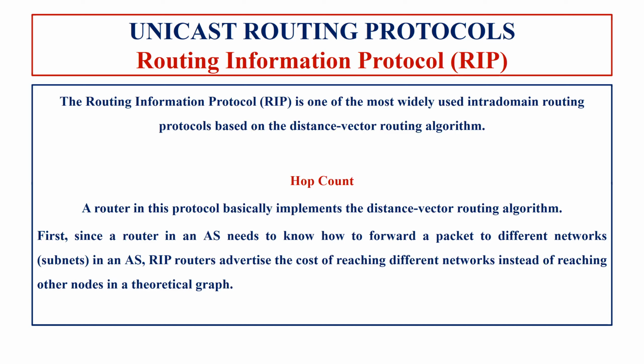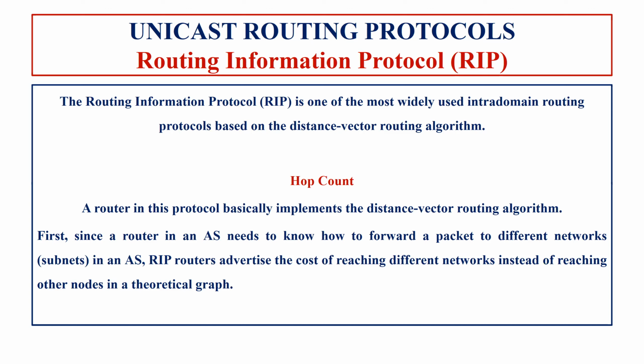Now for the Routing Information Protocol, the first protocol we discuss, which is an intra-domain routing protocol that uses the distance vector routing algorithm. The metric used is the hop count.